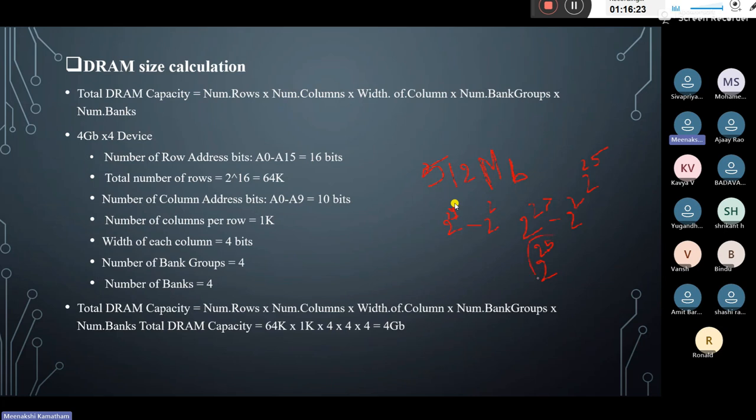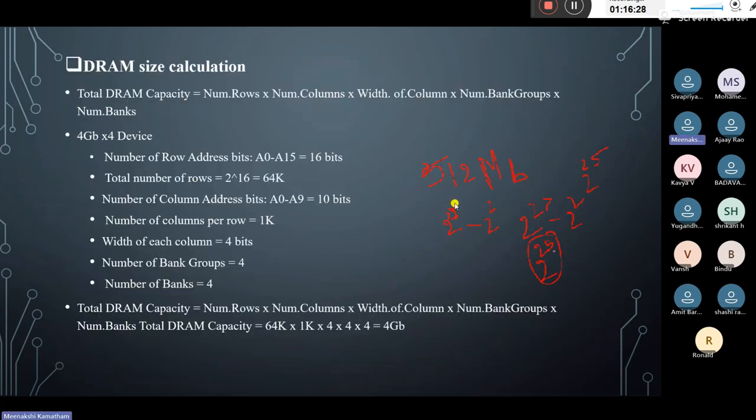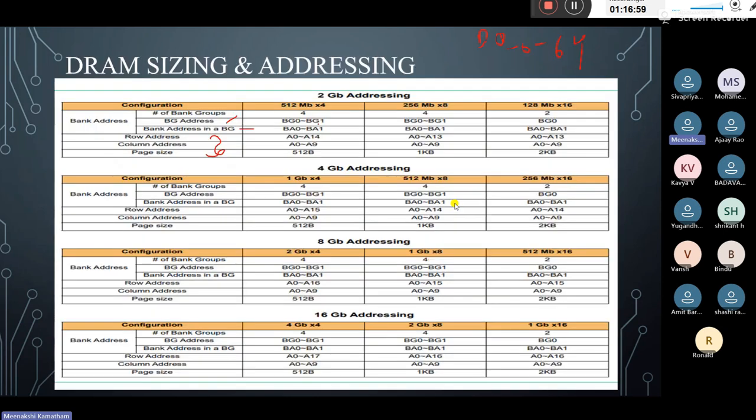In this 2 power 25, first we need to divide out the column width because it is constant. Of the 25 lines, we are using 10 lines for the column, so 15 lines remain. So A0 to A14 we use as the row address lines, only for 512 MB, 2 GB data and x4 configuration.